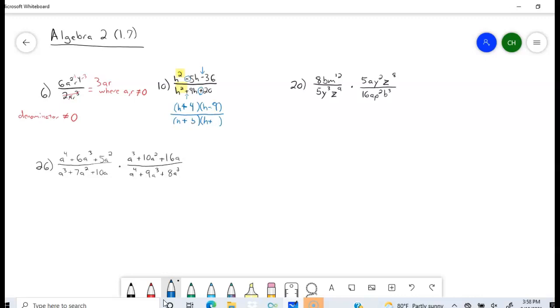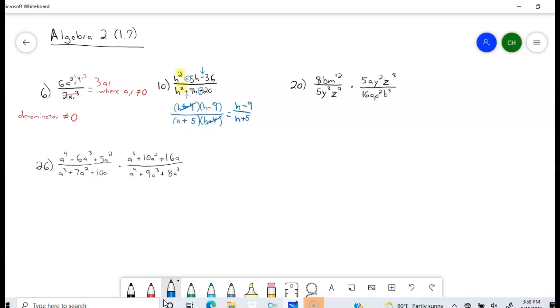That one's pretty easy, 5 times 4. All right, so now I'm going to look, is there anything on top that's in common with anything on bottom? Yes. That and that will cancel, leaving me with h minus 9 over h plus 5.